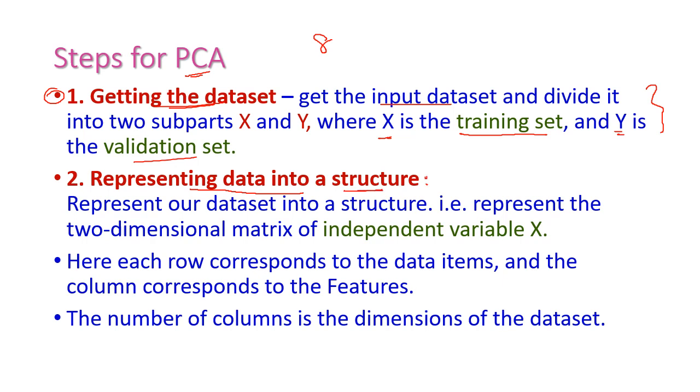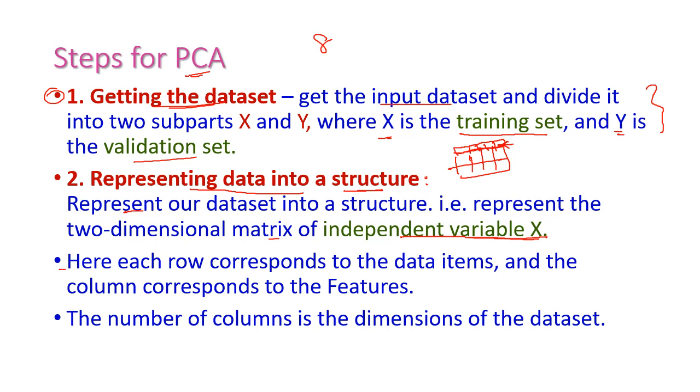The second one is representing the data in a structure. Now the data will be represented in a table structure. We try to construct the table structure. Here, a two-dimensional matrix of independent variable X. Independent variable X means the fields of the data set, and the fields should be independent.